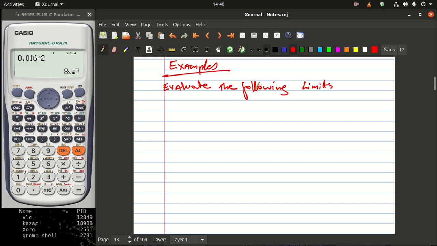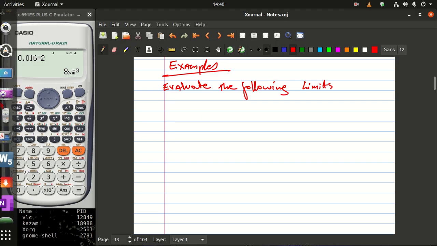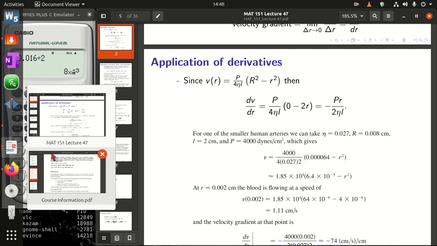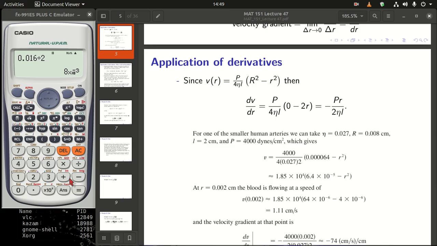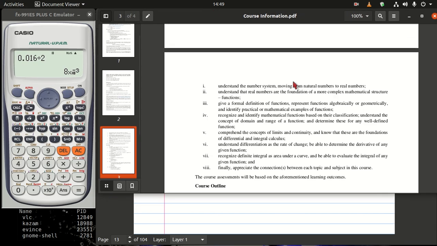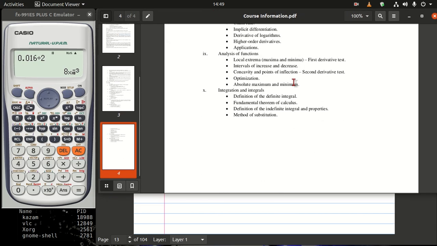So if you don't see it in your course outline, because some people usually say, I don't see it within my course outline, it is actually there. Let me double check. Yeah, when you are looking into this, you will find out that these are the topics that are remaining. So I'm still dealing with applications, and I usually place it there.